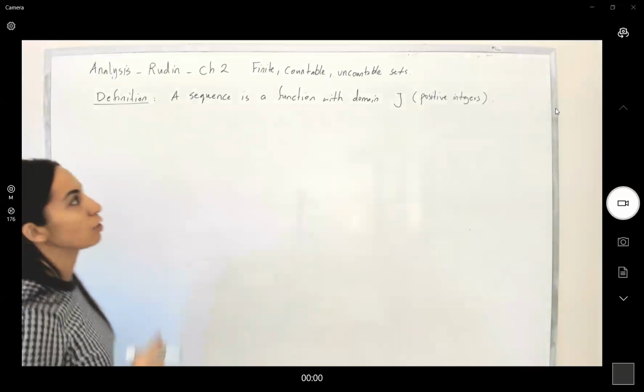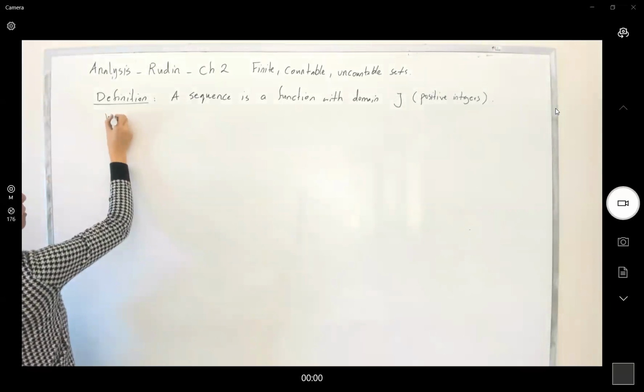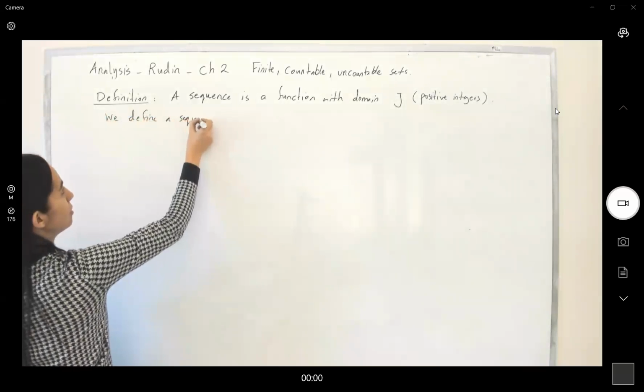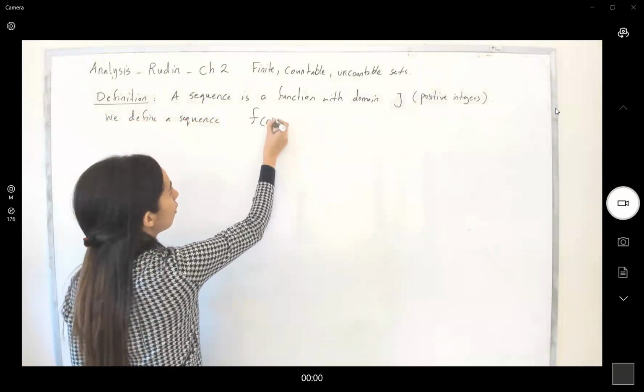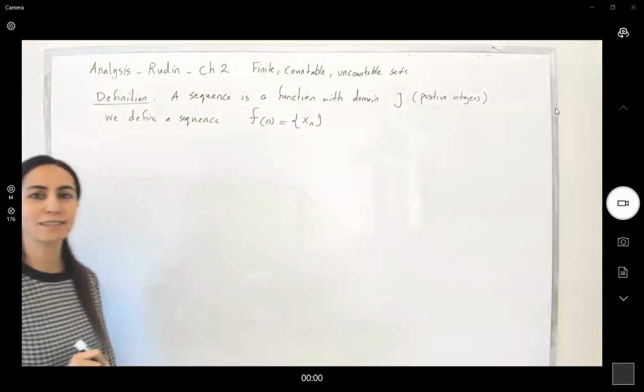We usually denote a sequence by its terms. We define the sequence as f of n, or using its general term, x sub n.